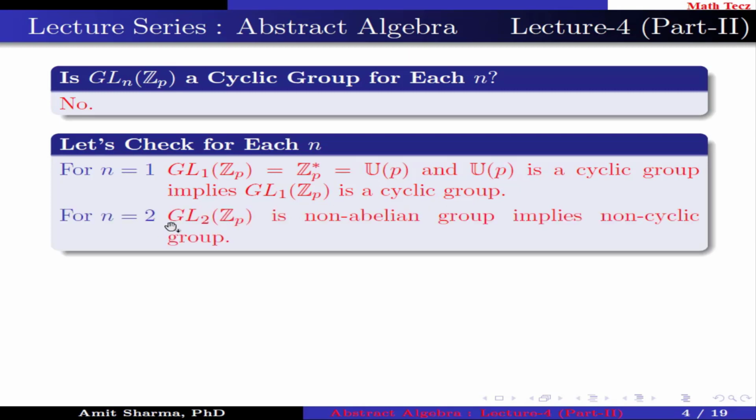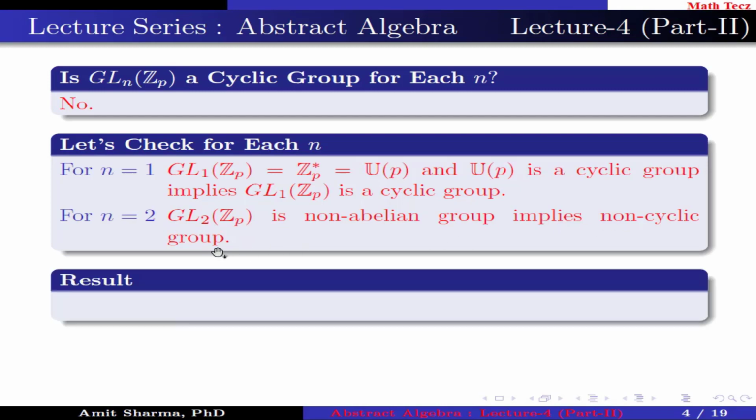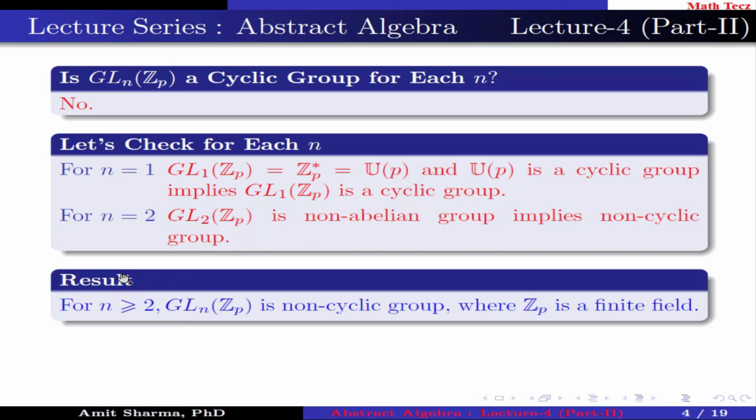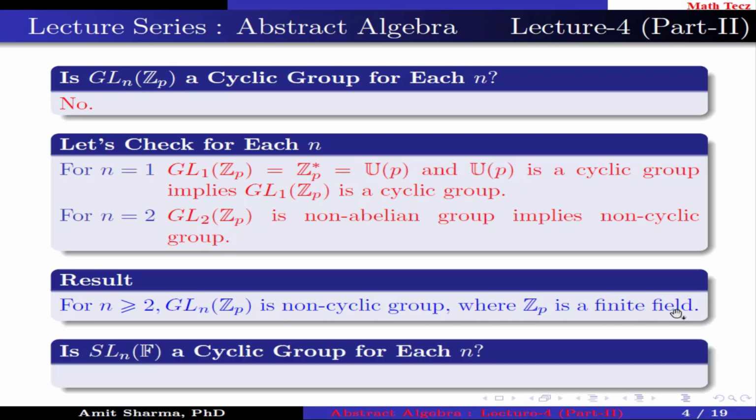For n equal to 2, GL2Zp is a non-abelian group, implies non-cyclic group. Result: for n greater than or equal to 2, GLnZp is a non-cyclic group, where Zp is a finite field.